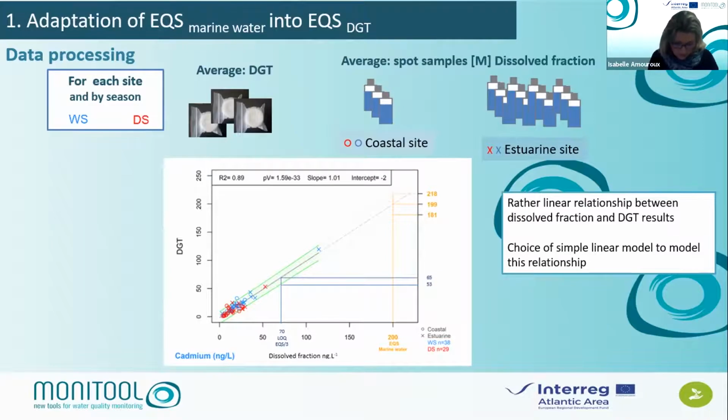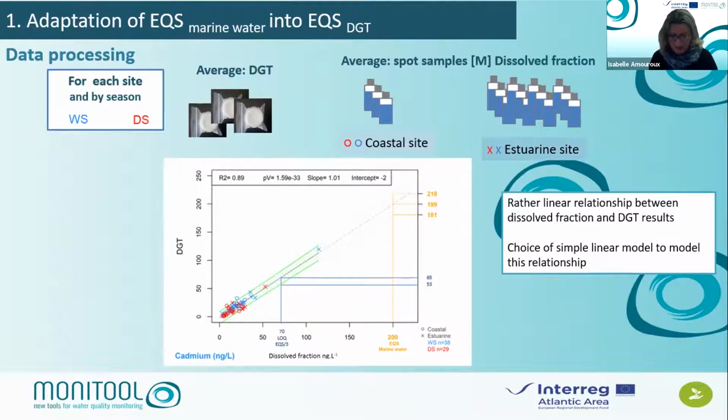Results for metals showed a rather linear relationship between concentration measured in dissolved fraction and in DGT. Thus, the choice has been made to model the relationship with a simple linear model. This linear model is surrounded by its prediction interval in green line.